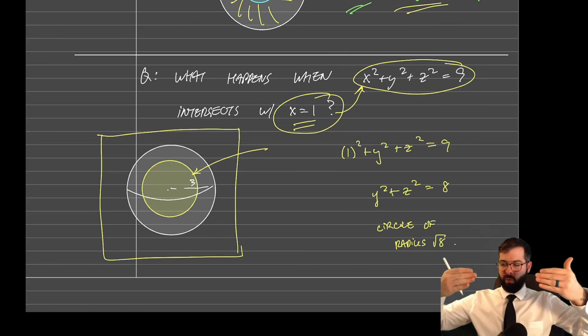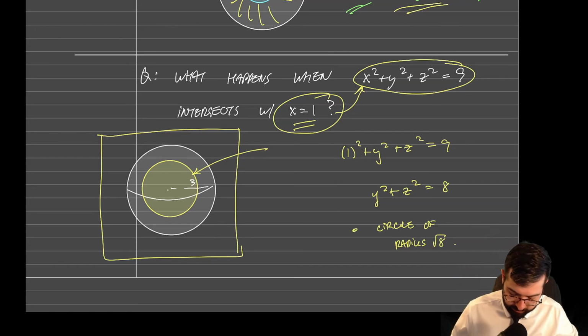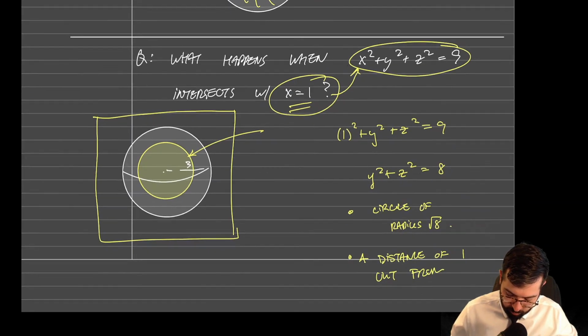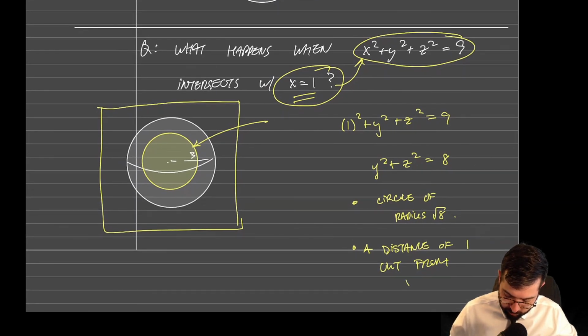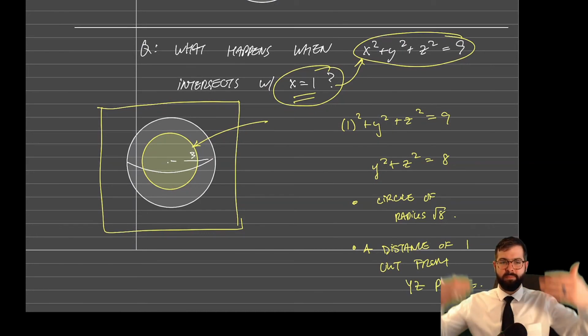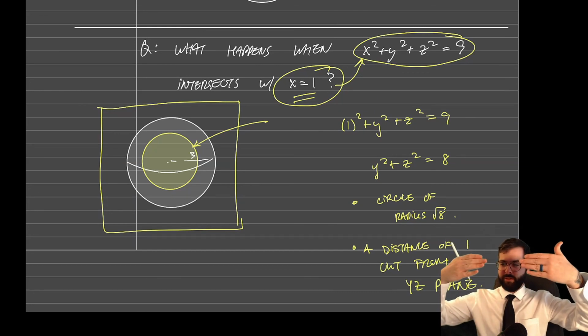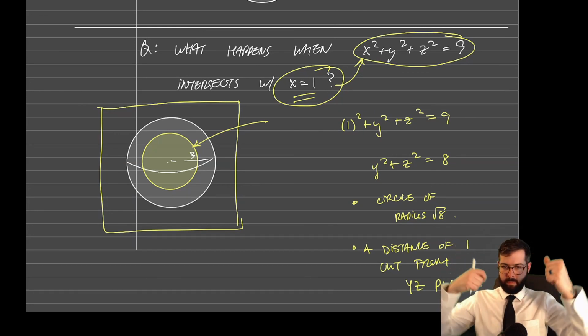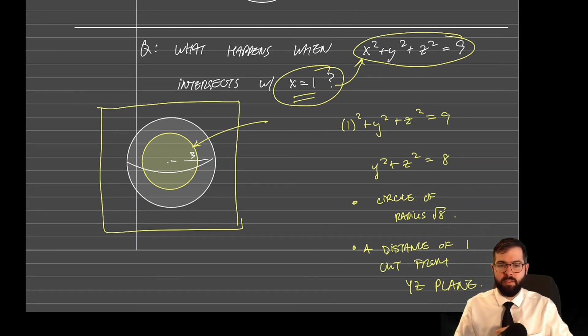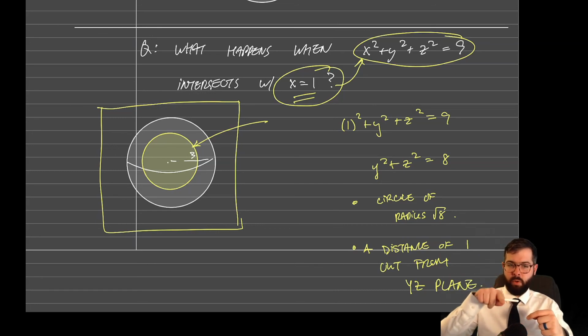A distance of 1 from the YZ plane. So from that front wall, from the YZ plane, it's this circle kind of floating in space, centered at the origin, right? But parallel to YZ.